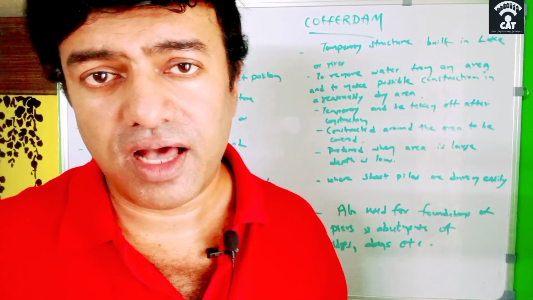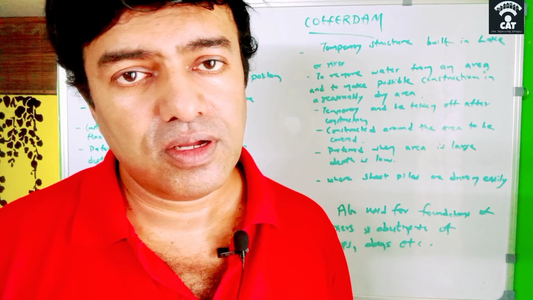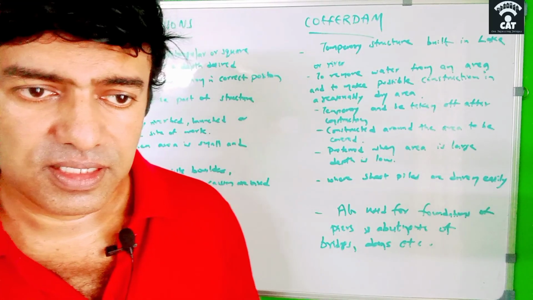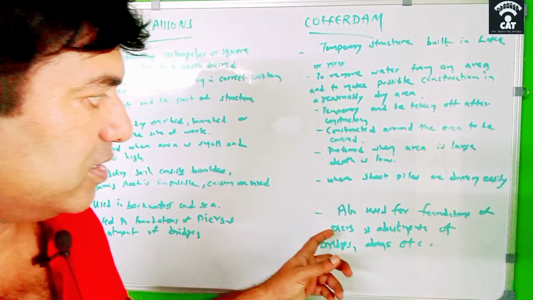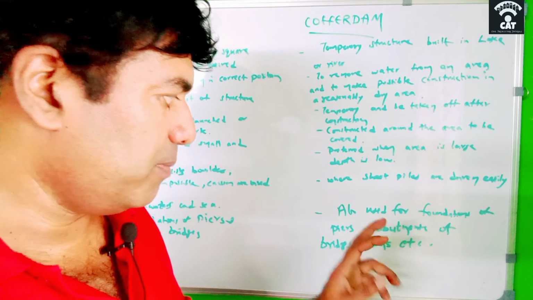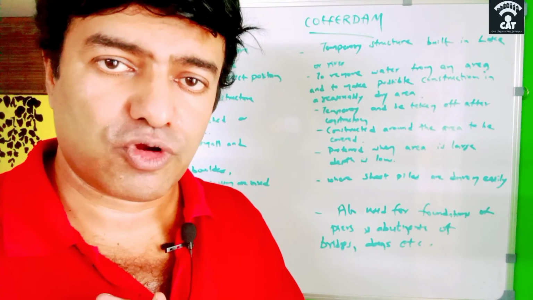And if the area is very large and it is a shallow foundation, then it is good to go for cofferdams. Another thing is that for the foundations of piers and abutments for bridges, dams, etc., we usually go for cofferdams.